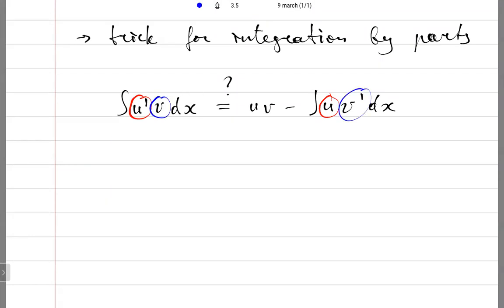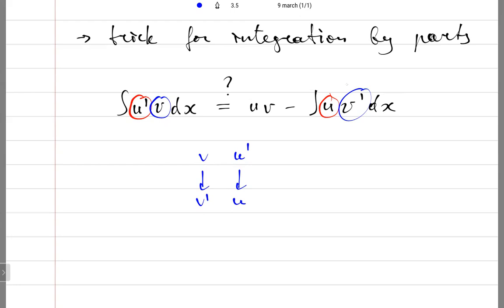So u prime goes to u, and v goes to v prime, and so on.